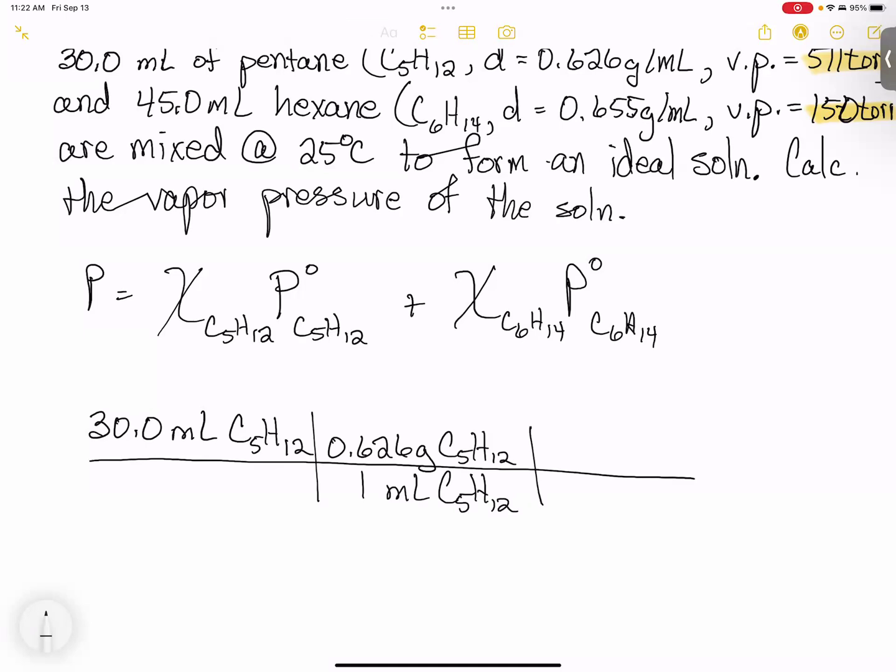And since I need that in moles, we're talking about 72 grams C5H12 per 1 mole. So the moles of C5H12 is 0.261 moles.